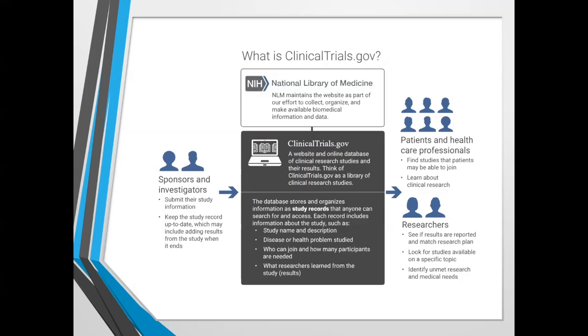Now, this information is then kept here, and so you can have access to all the active and past trials for you to see. And so this is obviously available to all patients, healthcare professionals across the whole United States and even the world. And so other countries can list their trials on ClinicalTrials.gov as well.